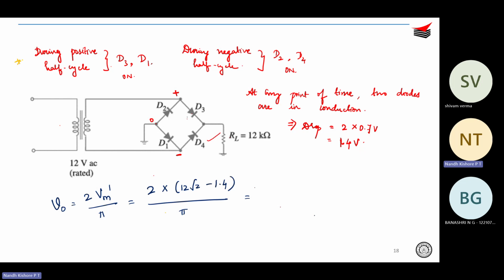So 12 root 2 minus 1.4, you get 15.57, into 2 by pi, which is 9.913 volts. Therefore, your I naught would be V naught by R, which is 9.913 divided by 12 kilo ohm, right?